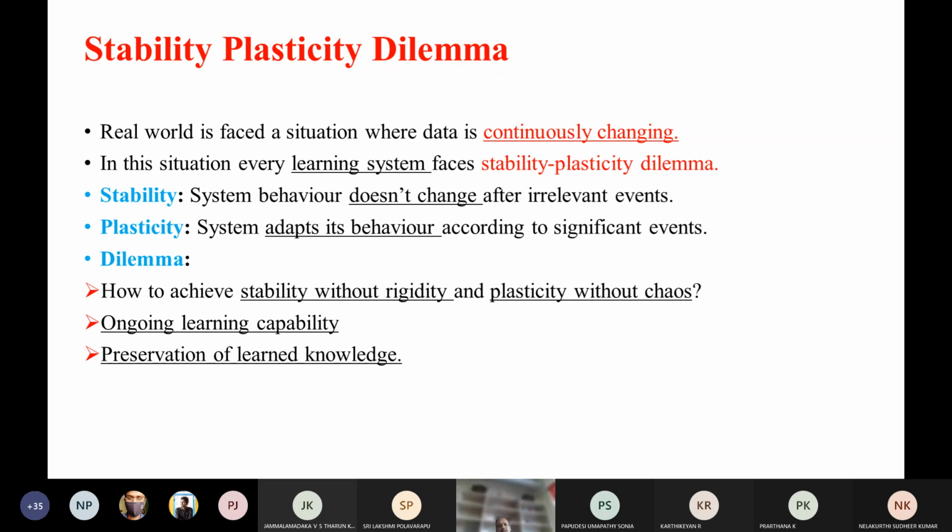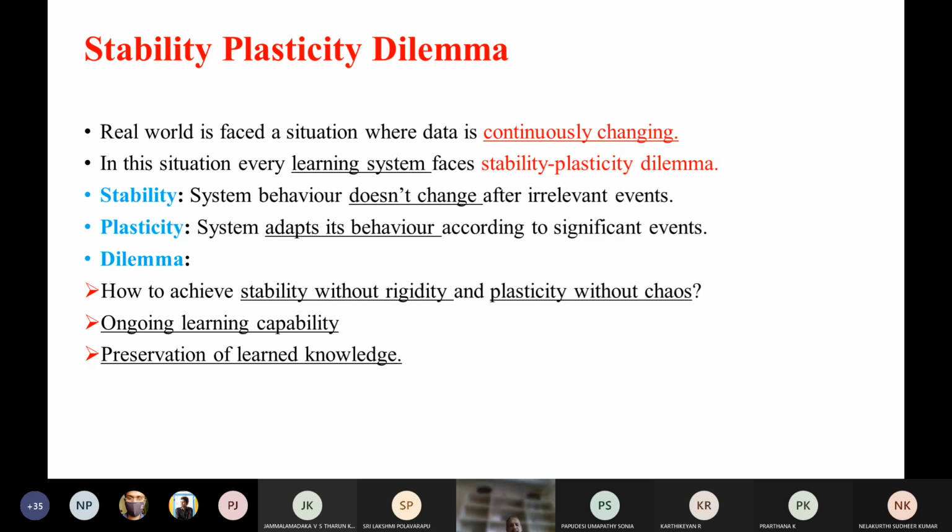Then what is the dilemma between these two parameters? One is stability and the next parameter is plasticity. So how to achieve stability without rigidity and plasticity without chaos? Rigidity means I have certain constraints, certain defined conditions or boundaries, and within that I need to achieve this stability. That may not happen.